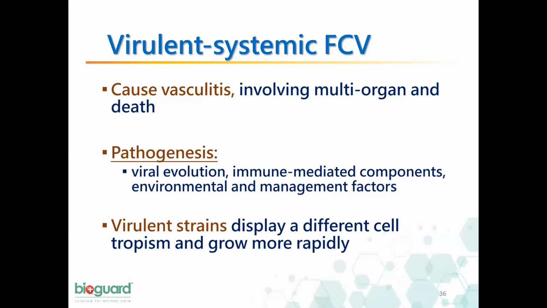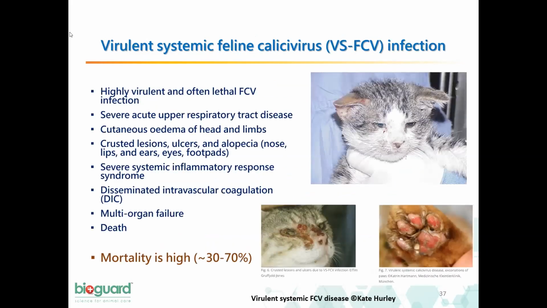So that's why this kind of epidemic situation can happen in cats. Because of this epidemic situation, different virulent strains will evolve over time, which will have different cell tropism and can also grow rapidly in the cat.